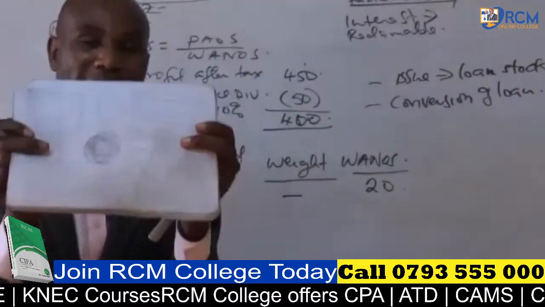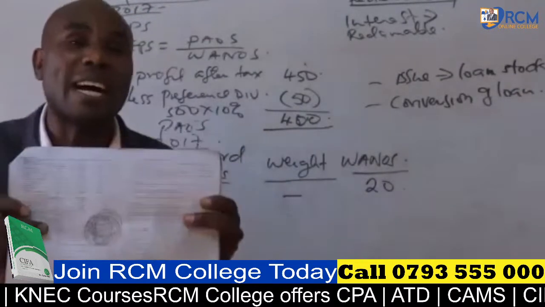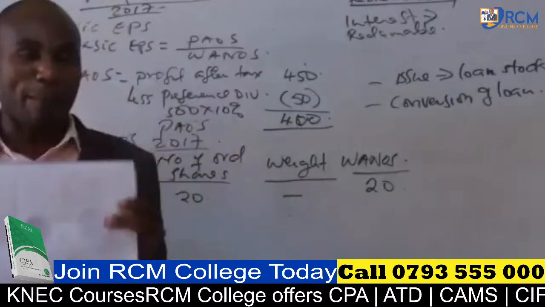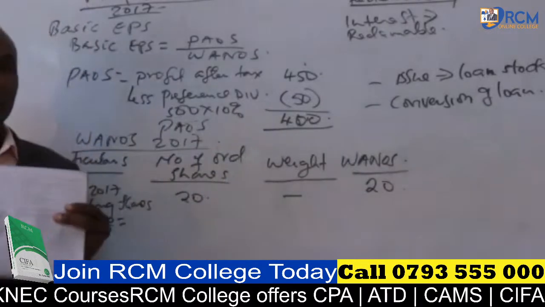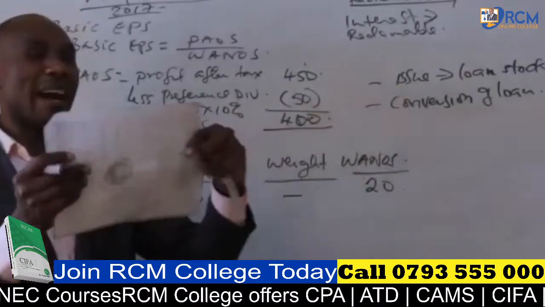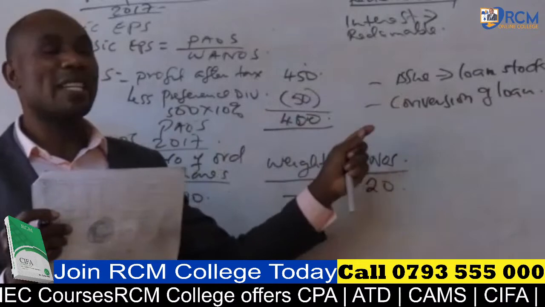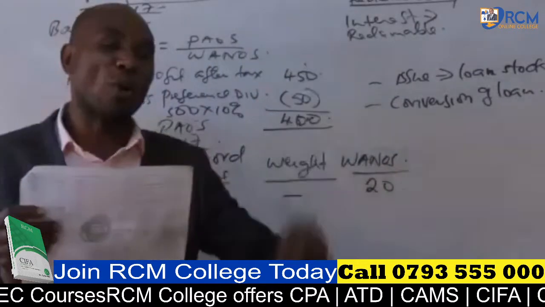We are issuing the certificate to get the money as a debenture. Therefore, issue means we have a debenture. But conversion means we are converting a debenture into ordinary shares.